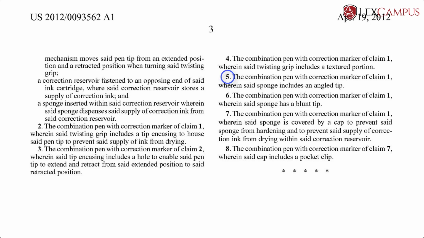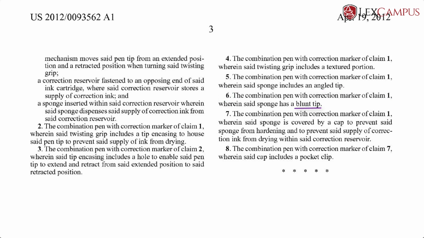Claim 5, a combination pen with correction marker of claim 1, wherein the said sponge includes an angled tip, again a small modification to the existing invention in claim 1. 6, the combination pen with correction marker of claim 1, wherein the said sponge has a blunt tip. The earlier one, 5th, was angled tip, this is blunt tip, very small variations too.